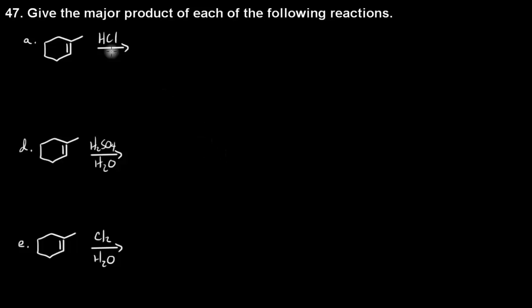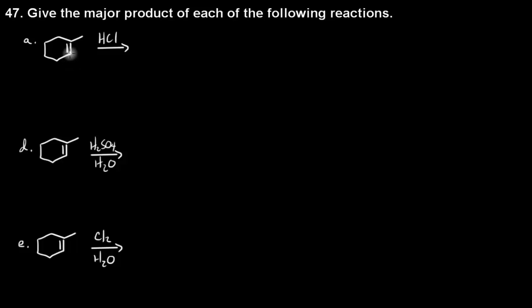Okay, so for this question A, we have this methyl cyclohexene, and we're just going to have a basic reaction with HCl. This can happen with HBr as well. And so all we're going to do is have our basic addition mechanism. So this is a nucleophile, electrophile. We're going to put our hydrogen on the carbon that has the most number of hydrogens.